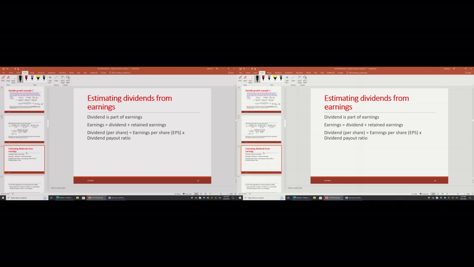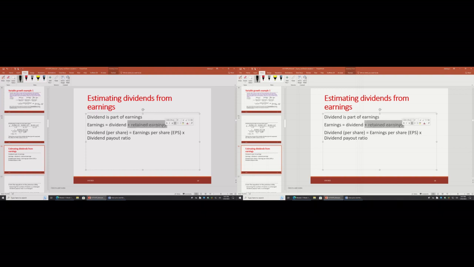For net profit, the company has discretion to decide whether to pay it out as dividends, or retain that part of the money in the firm to support future investment. So if you decompose the company's earnings, it will be dividends or retained earnings.